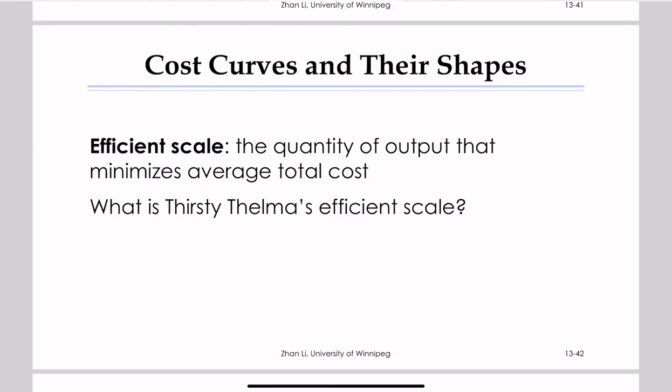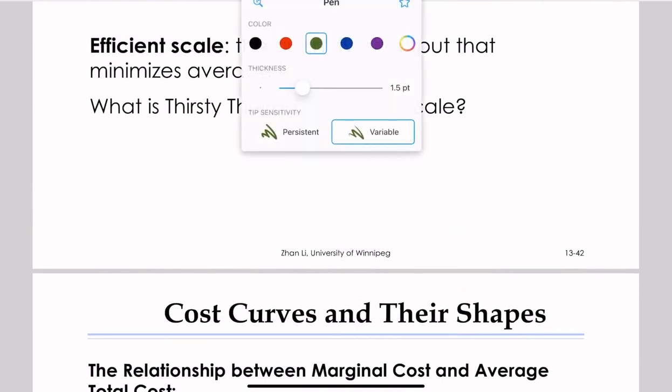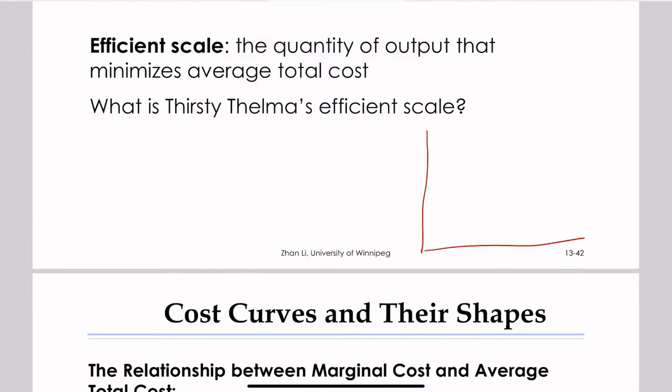So if you have an average total cost curve that looks like this, this quantity would be your efficient scale, because at this quantity you get the smallest average total cost.